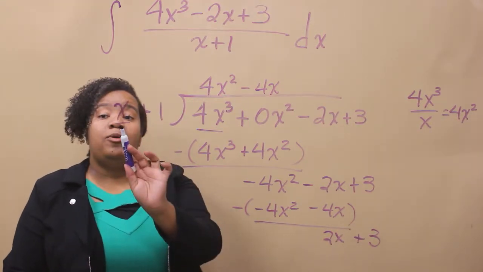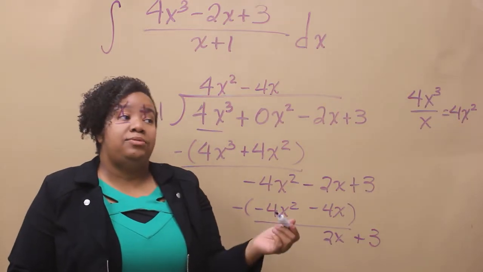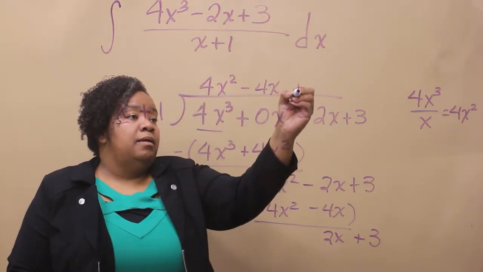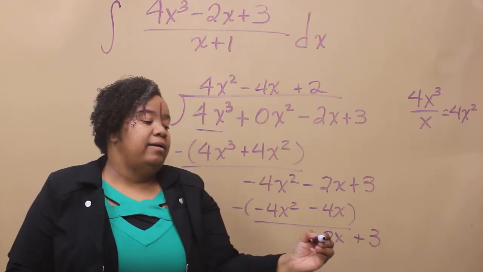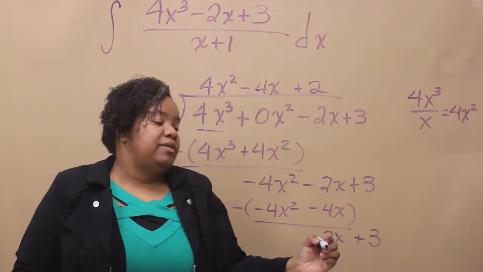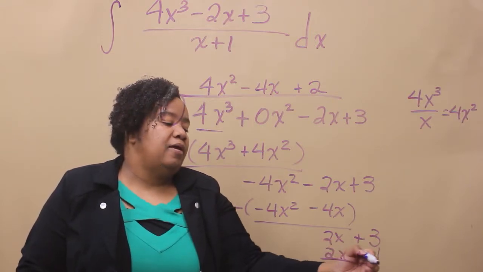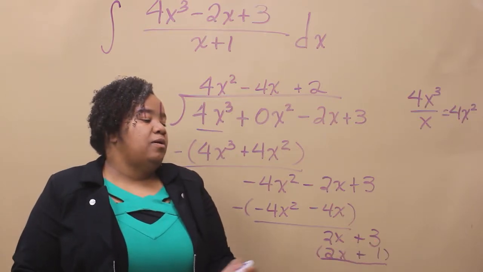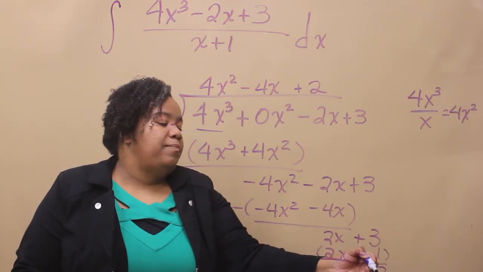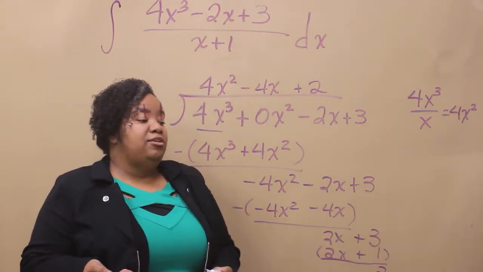Okay, we can go one more time because x will go into 2x 2 times, and we multiply 2 by x plus 1, so we get 2x plus 2. If we subtract, as we did before, we end up with a remainder of 1. Okay, so how do we use this remainder?